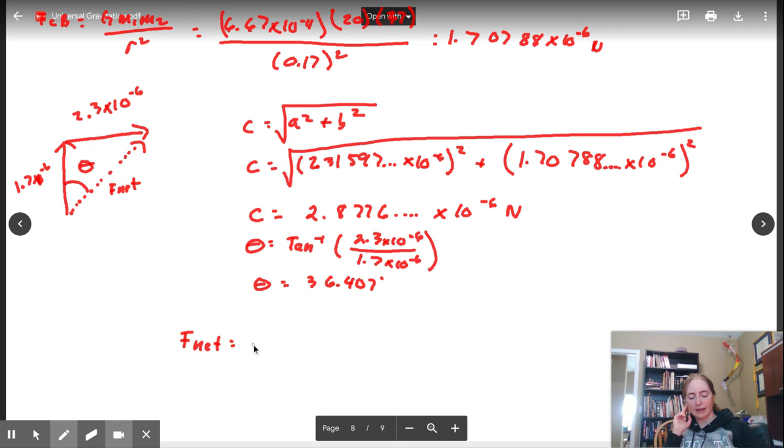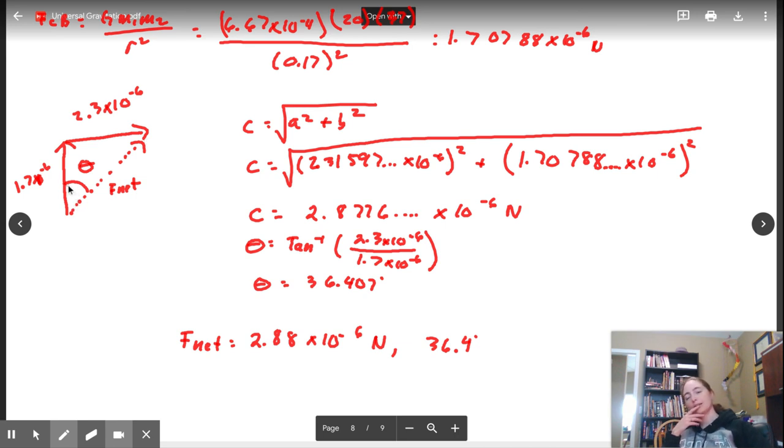So your F net, ladies and gentlemen, once you've rounded it, is 2.88 times 10 to the power of -6 newtons. Our angle with sig digs is 36.4 degrees. Now I need a reference. There's north, that's going east.